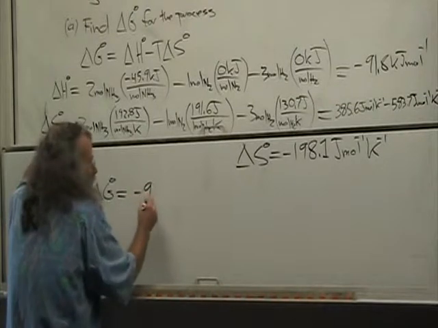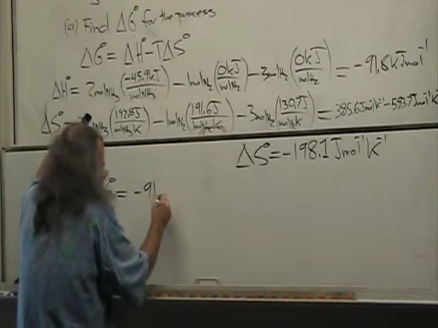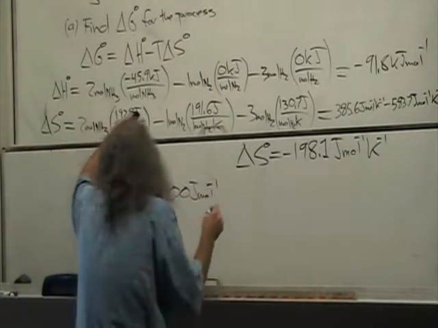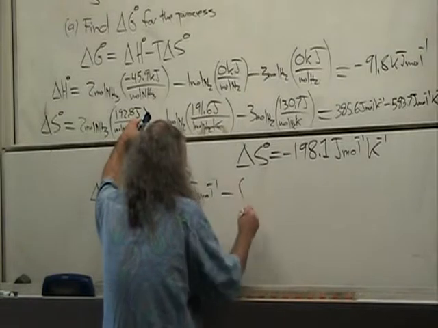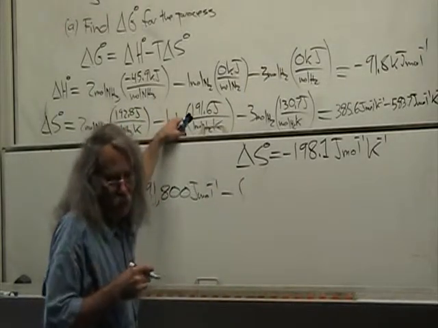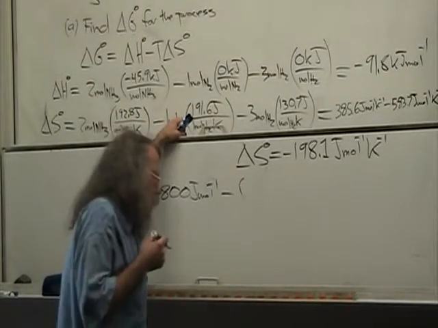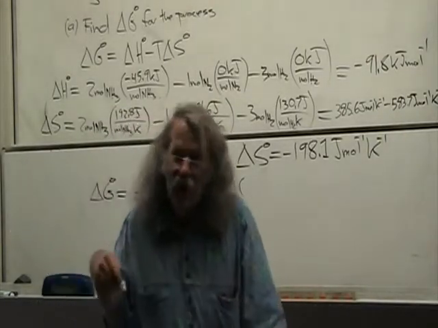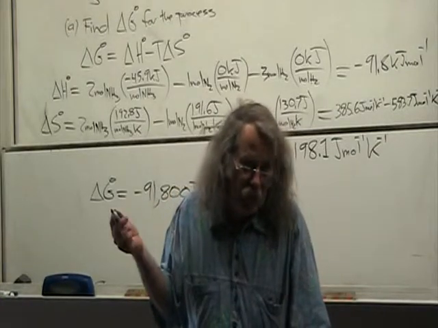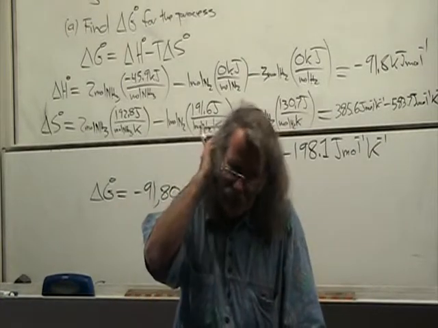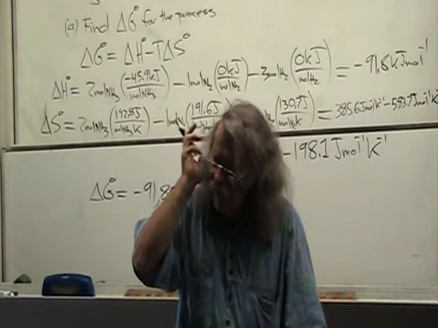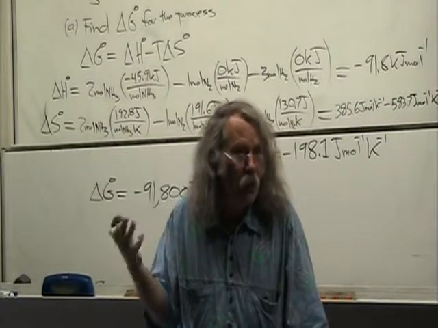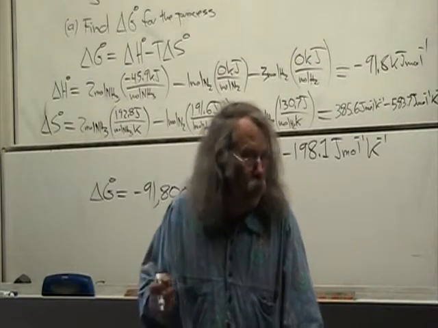So that's minus 91,800 joules per mole, minus, and now what is the standard temperature? 298. If you wanted to, at this stage, round that to 300 for an approximate answer, that's 2 degrees. I'd be more than happy to accept that because of the shortened time frame allowed in a test.